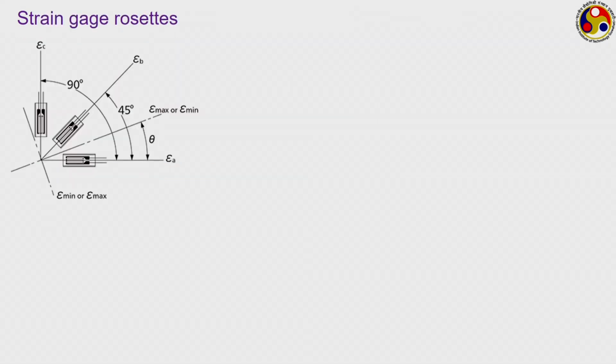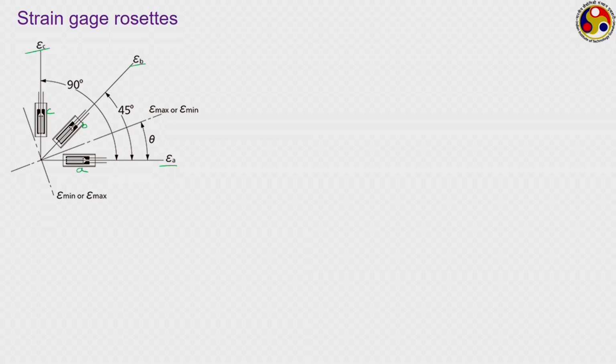A rosette is primarily a combination of 3 different gauges, like shown here. This is just one particular rosette, which is very commonly called the rectangular rosette. In this rosette you can see there are 3 gauges placed 90° apart from each other: this one is A, this is B and this is gauge number C. Each of them shows a reading of the corresponding strain in that particular direction.